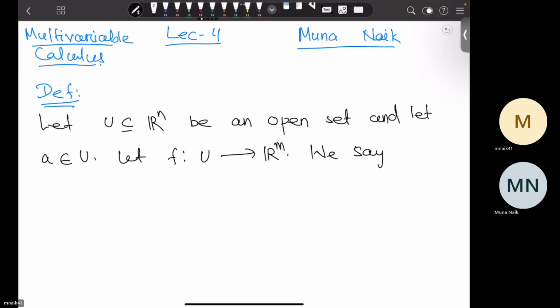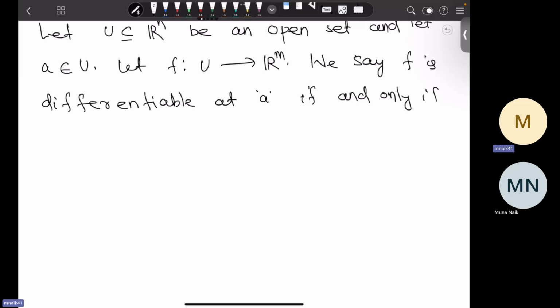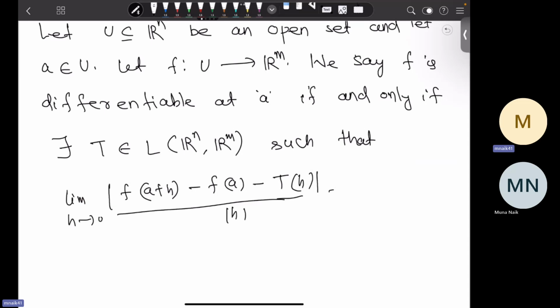We say f is differentiable at a if and only if there exists a linear map T from Rn to Rm, so that limit h tends to 0 of mod of f of a plus h minus f of a minus T of h by modulus of h, this is 0.